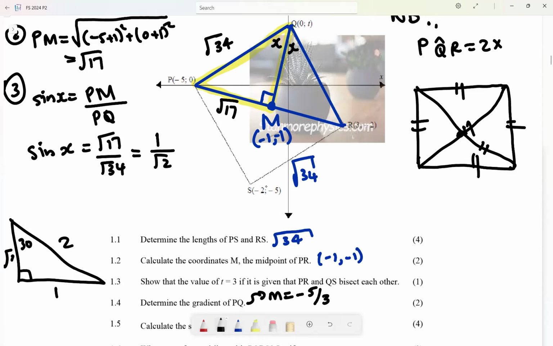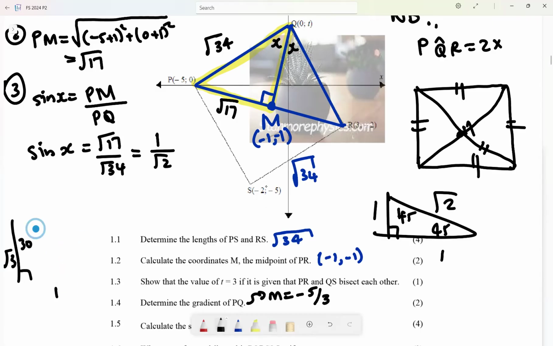Then this is square root of 3. There is also another one, 45, with square root of 2, 1, 1. But now we want to assign. This one you do not need. You can say x is equal to arc sine of, you can put this number as it is, it's fine, and I'll use this one.